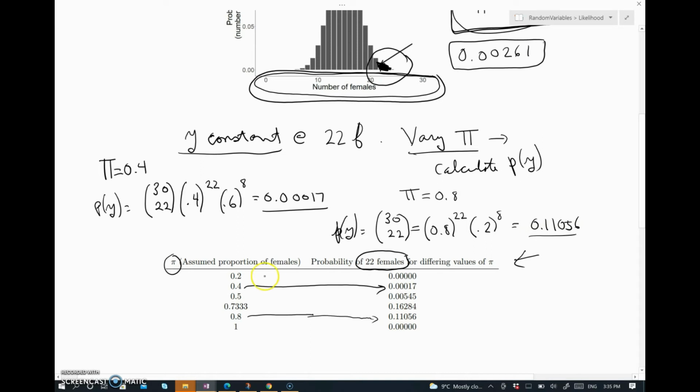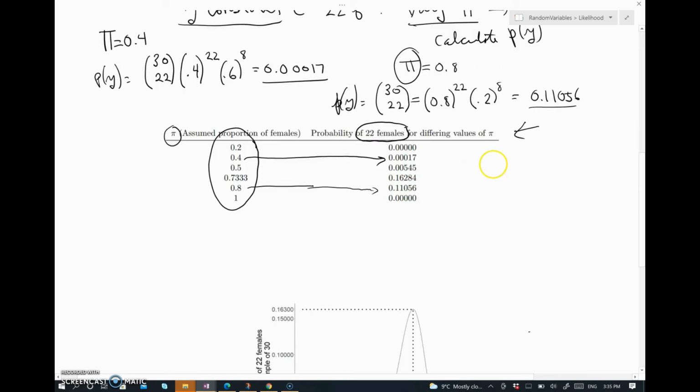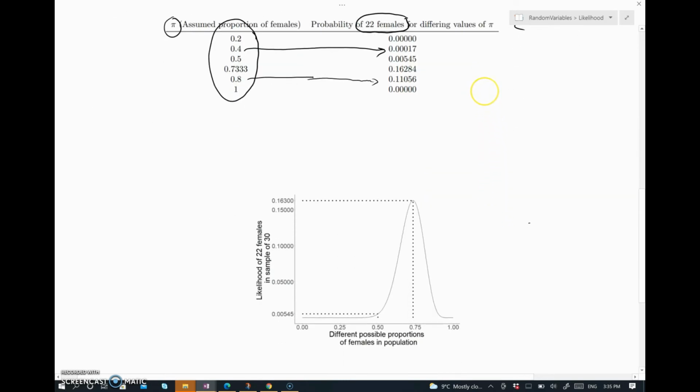So if we look at these values, these are held as discrete values, but in reality, this pi thing is going to be a continuous variable. So we can plot it out as a continuous variable as shown here. We're going to hold Y constant at 22, and then we're going to vary pi.